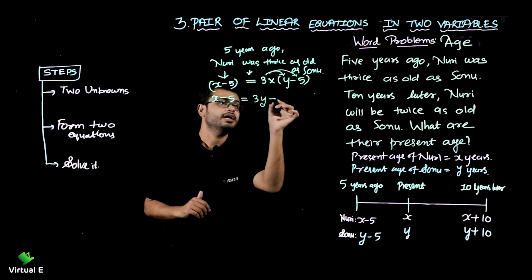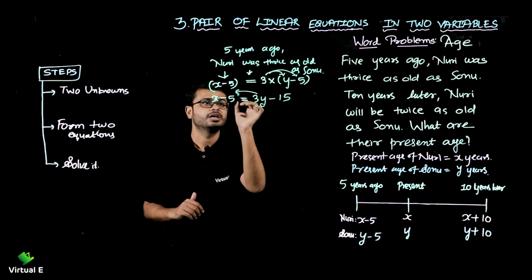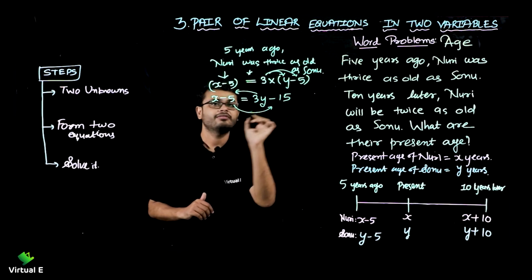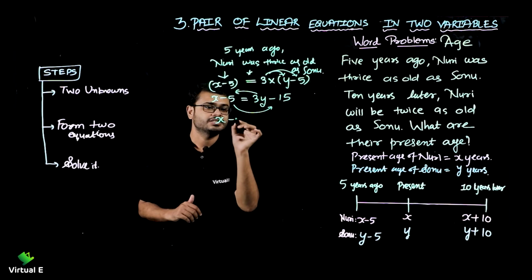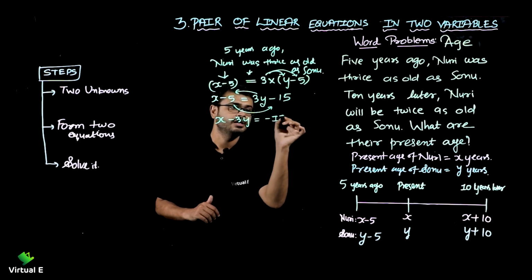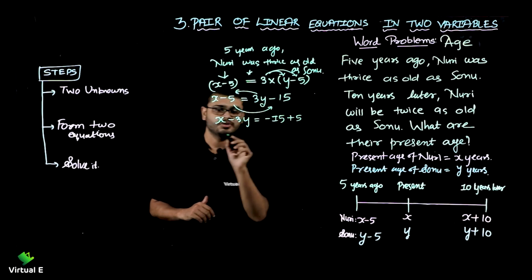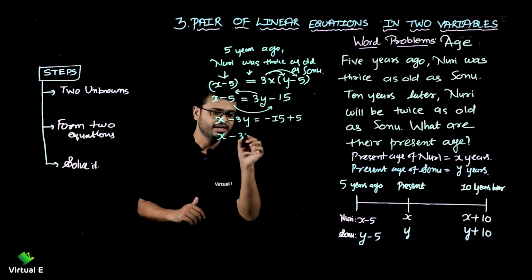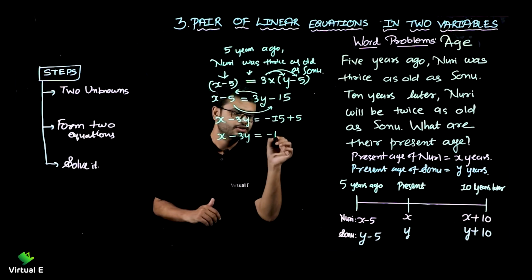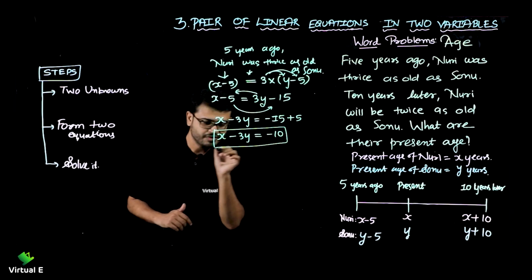That is 3Y minus 15, right? Let me shift this 3Y over here and 5 over here. So X minus 3Y, this minus 15, and this minus 5 will become plus 5. So X minus 3Y is equal to minus 10. This is my first equation so far.